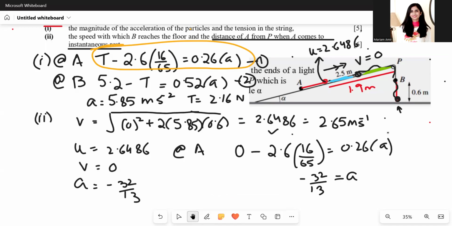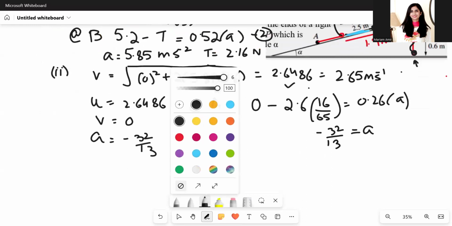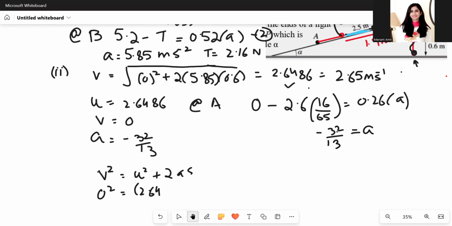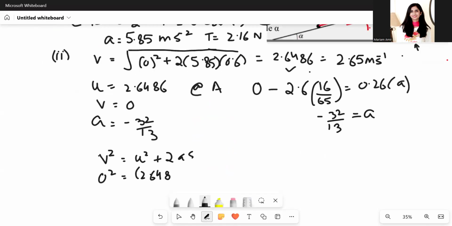Now we have the deceleration, minus 32 over 13, and we need s, and then we subtract s from 1.9. We find s using v squared equals u squared plus 2as, so 0 squared equals 2.6486 squared plus 2 times a times s.